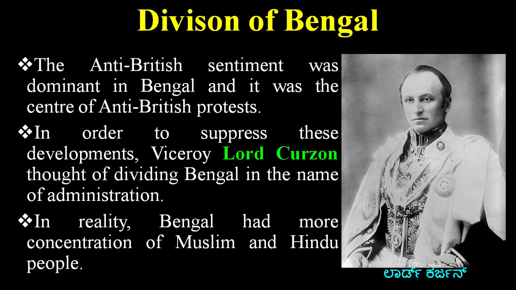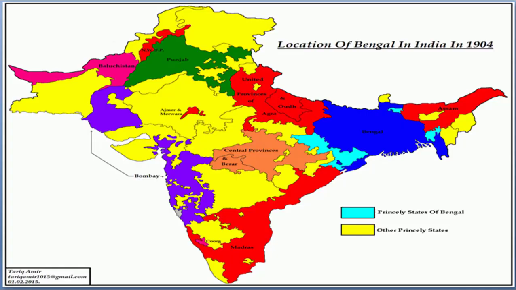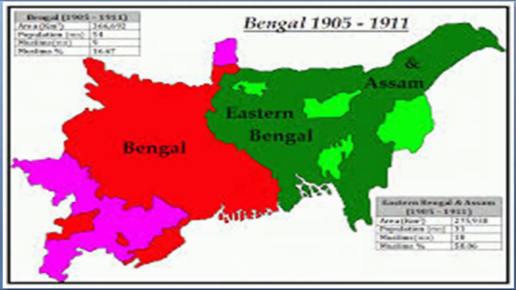In reality, Bengal had a large concentration of Muslim and Hindu people. Here is the image showing the location of Bengal in India in 1904, and Bengal divided into Eastern Bengal and Western Bengal.